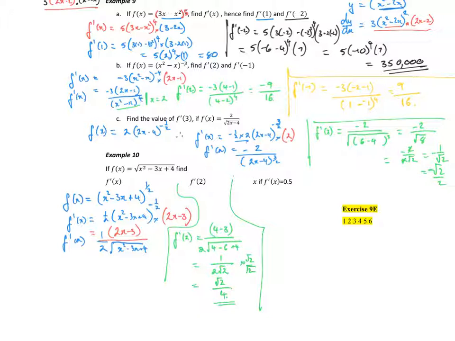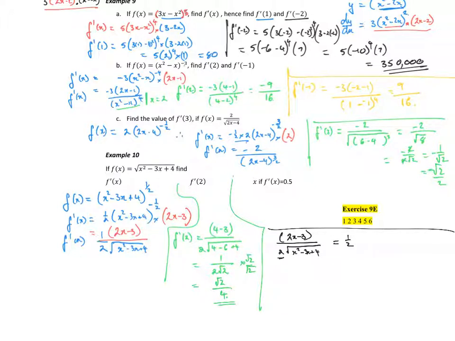Final part, find x if the derivative is equal to a half. All right, now quite possibly it's calculator active, just depending upon the algebra. So really the setup is the derivative. So 2x minus 3 over 2 times the square root of x squared minus 3x plus 4 has to equal a half. All right, let's get rid of this 2 here, multiply that across.